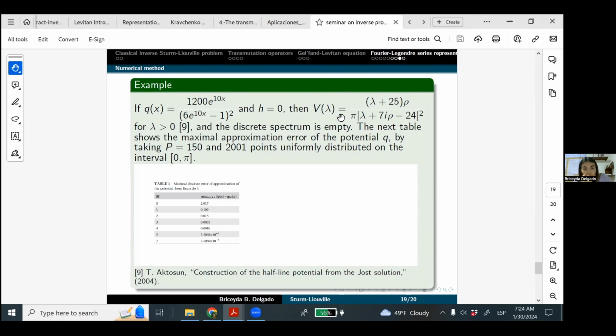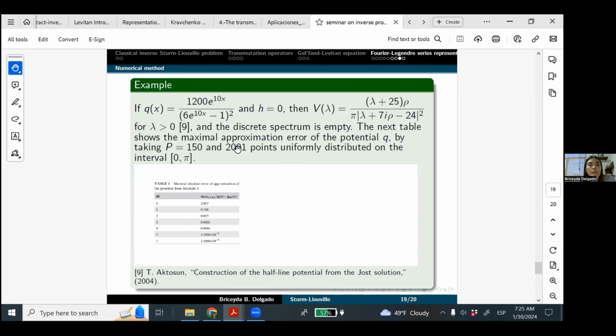This example was taken from the paper on construction of the half-line potential from the Jost solution by the author Aktosun, who gave this explicit expression for B using the theory provided by the Jost solution of the Sturm-Liouville problem.